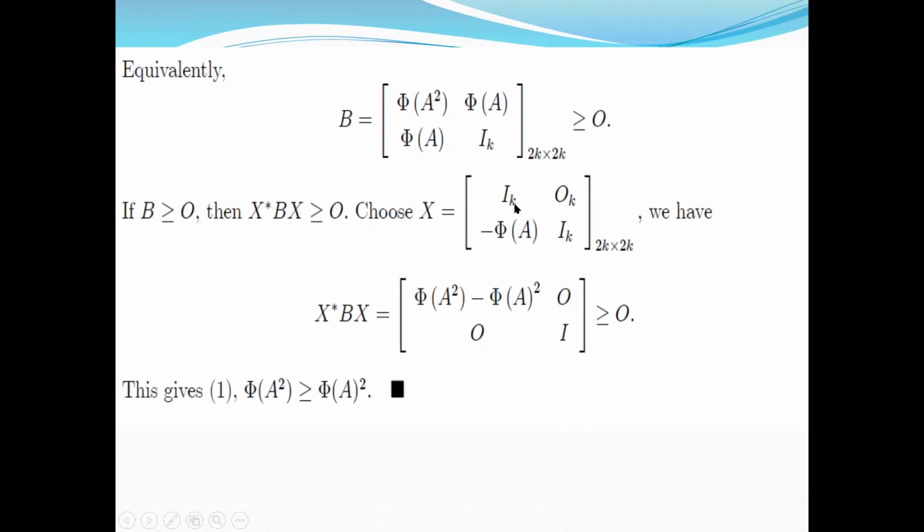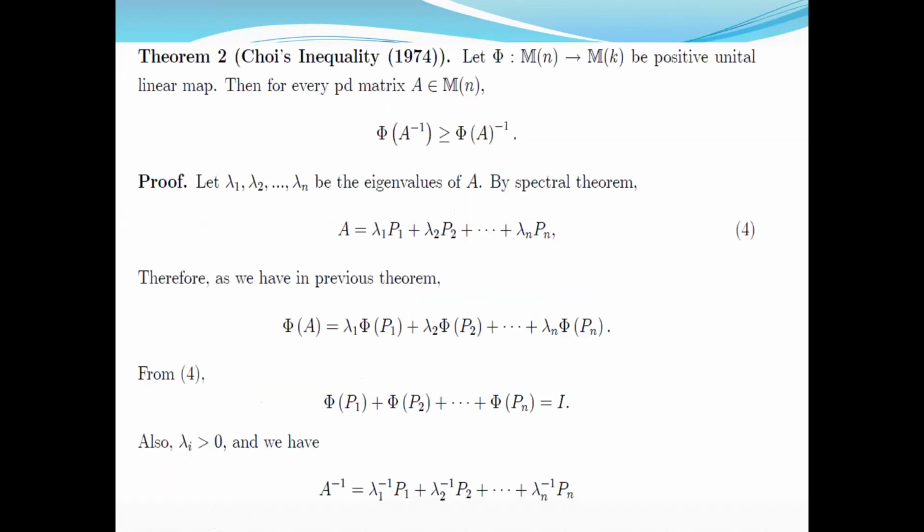And choose X to be this matrix. Then we calculate that X star BX comes out to be this matrix, and this is positive semi-definite. Every principal submatrix of a positive semi-definite matrix is positive semi-definite. So from here we get phi of A square is greater than or equal to phi of A whole square.